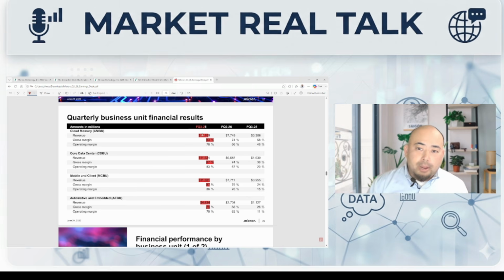Q3 '26 for Micron, okay? If you take a look from Q3 in 2025, take a look at that. From $3 billion, okay? These are amounts in millions right there. Up to 13, okay? That's huge. Take a look at the gross margins from 58% to 83%.